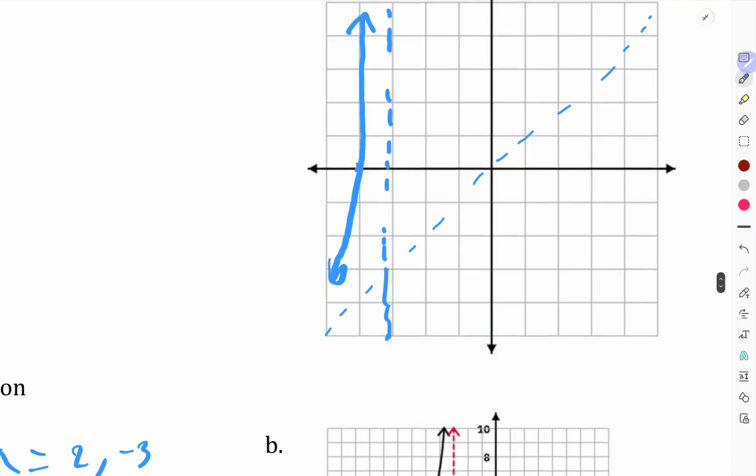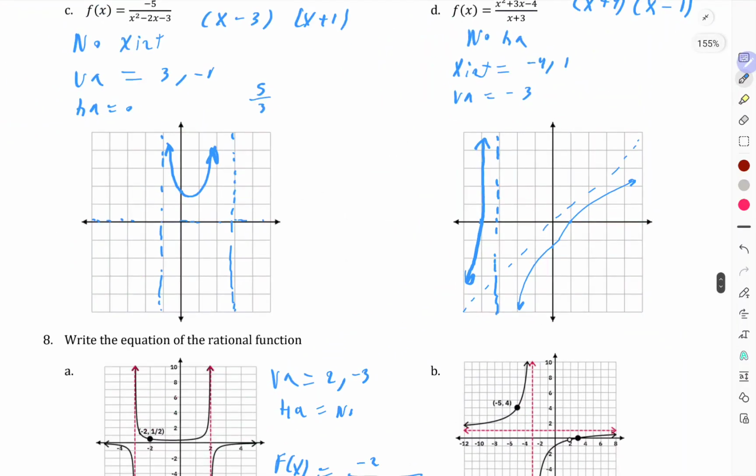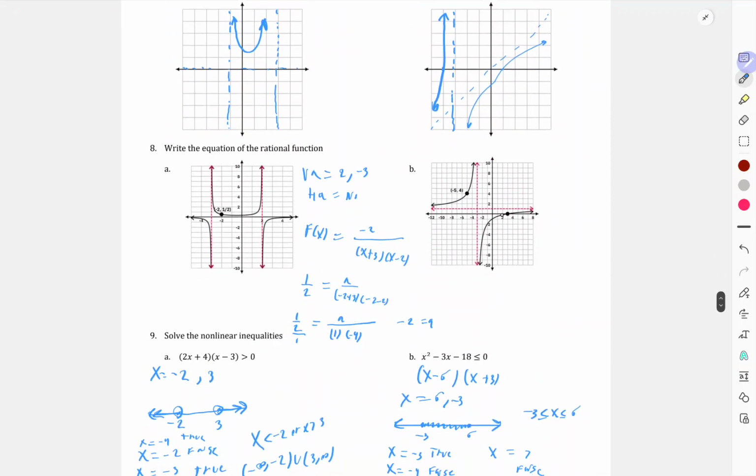Now 4 over 3 should be a little less than 1.5 here, so I would say that's like that, and that's 1. That should not kink like that, but that's how it is.